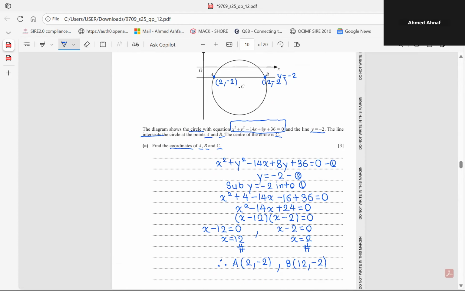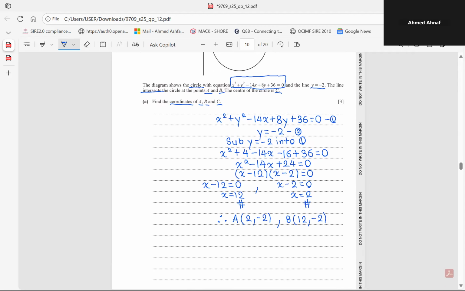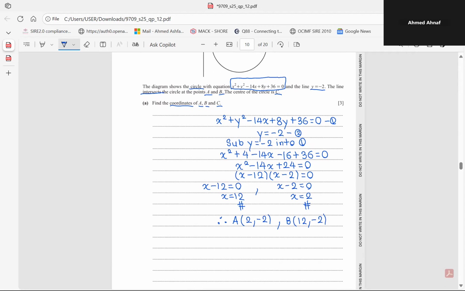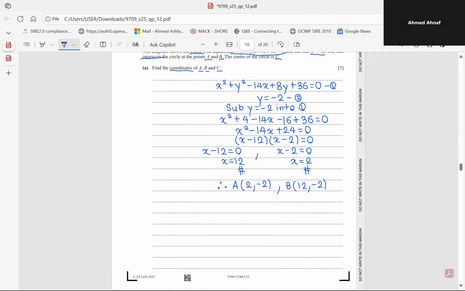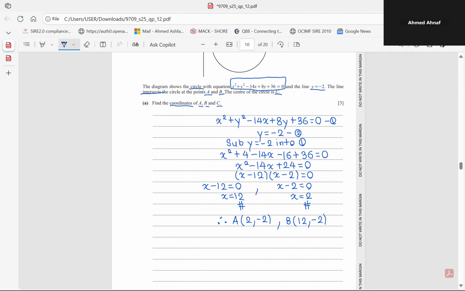Now let's find C. Okay, so to find C, we have to first analyze the equation of the circle. Okay, so this is in the general form. And personally, I like to transform it into the form (x minus a) squared plus (y minus b) squared equals r squared, and the center would be given to us by a and b.